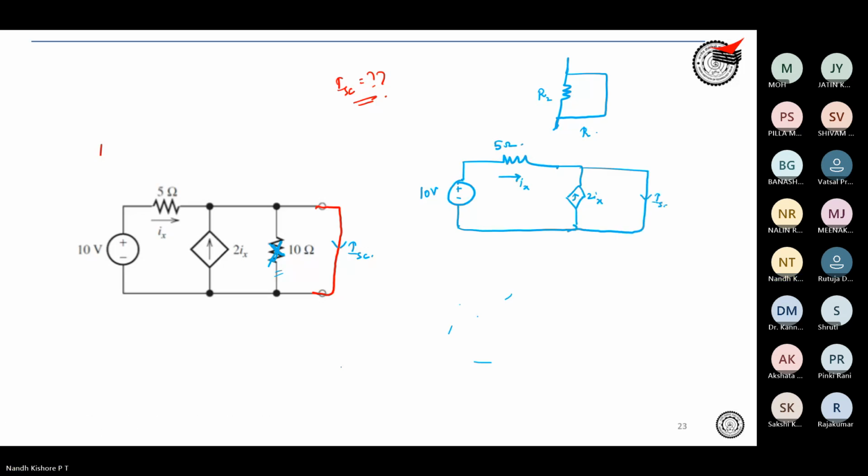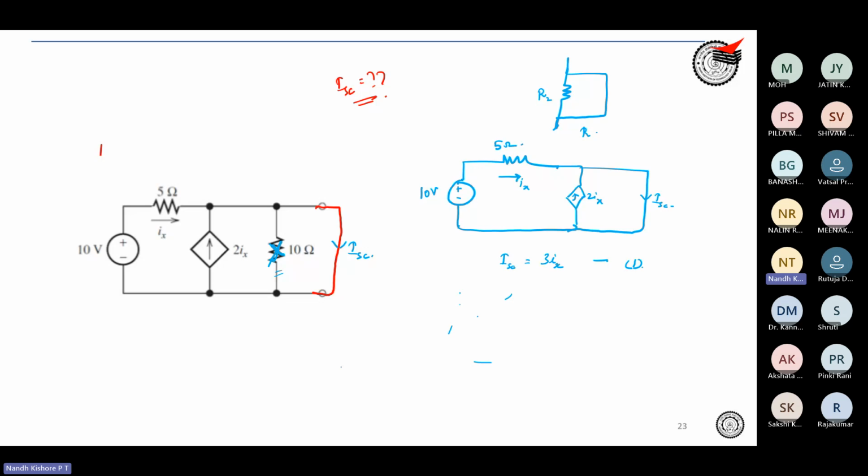This is ISC. Can you tell what is ISC in terms of Ix? 3Ix. Correct. So your ISC is basically 3Ix. And just apply KVL over here.